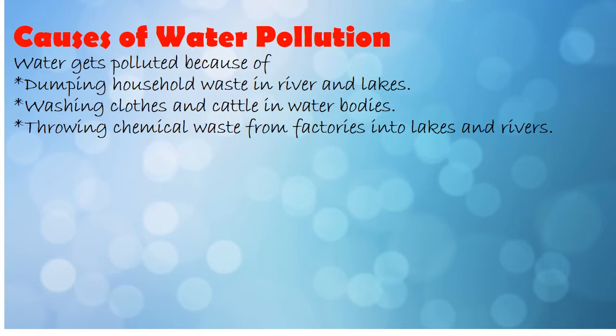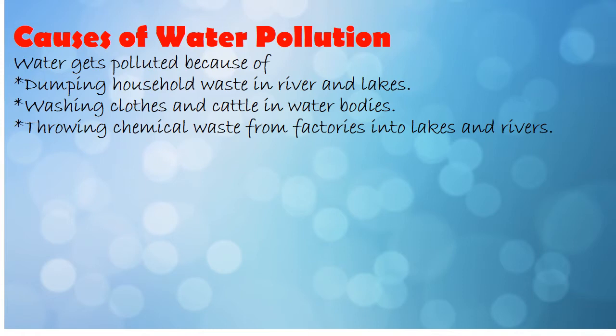The second main cause of water pollution is washing clothes and cattle in water bodies. You might have seen that some people wash their clothes and their domesticated animals like cows and buffaloes in water bodies. This is also not good.